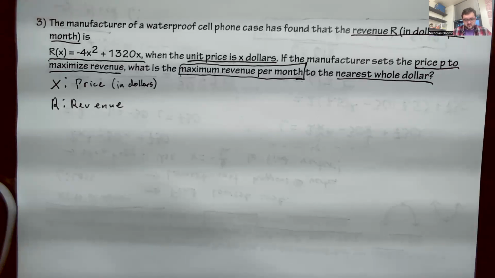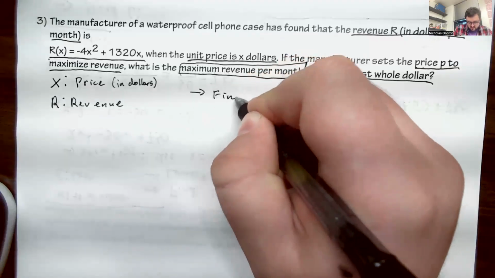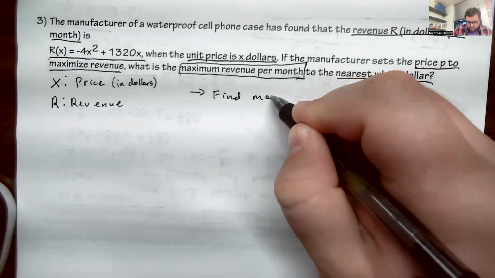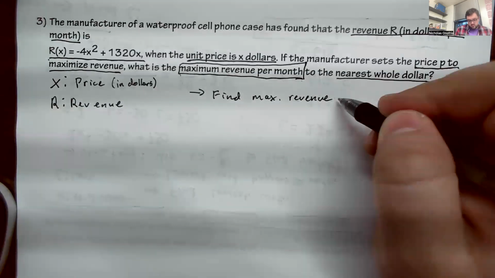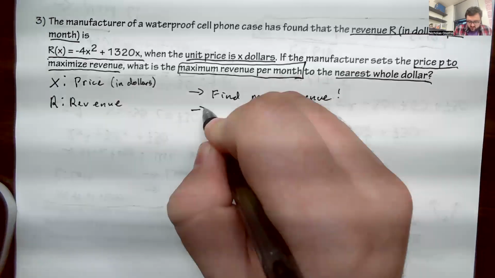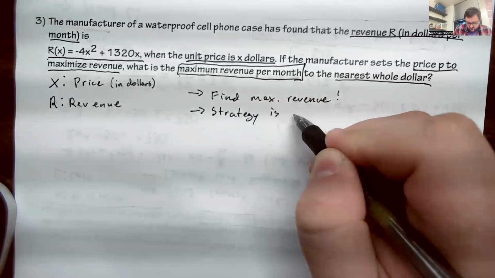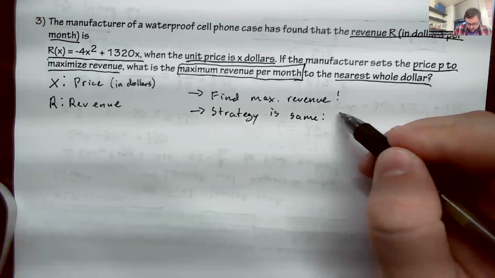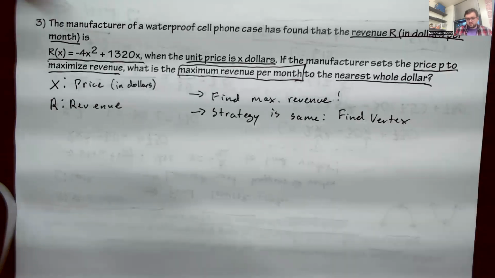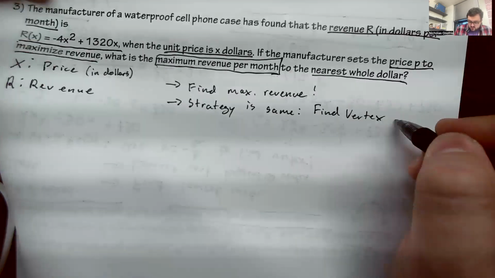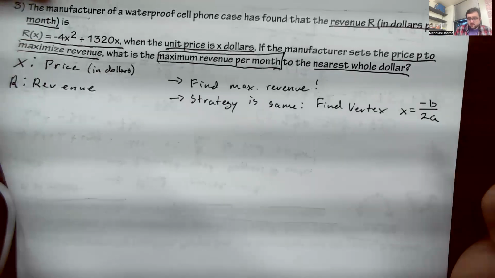Our goal is to find the maximum revenue. And just like before, our strategy is the same. Find your vertex and then go from there using x equals negative b over 2a.